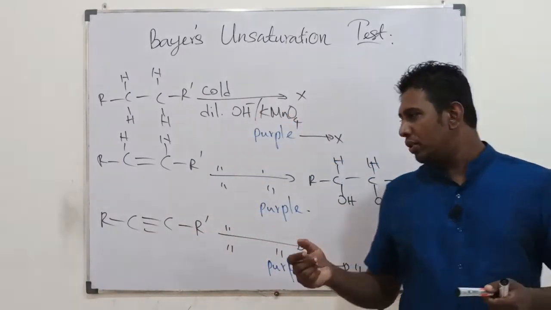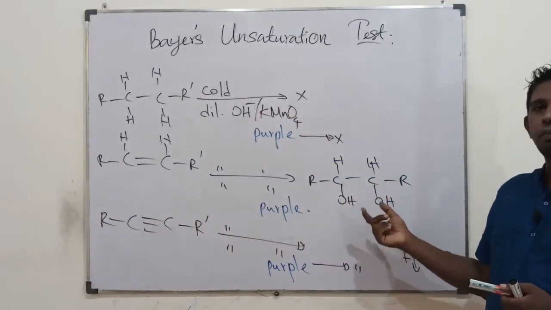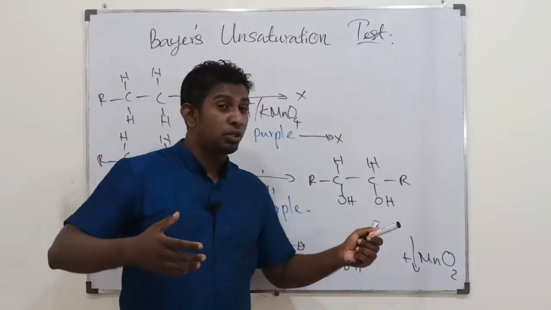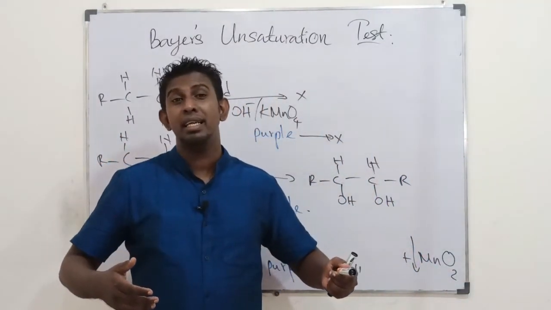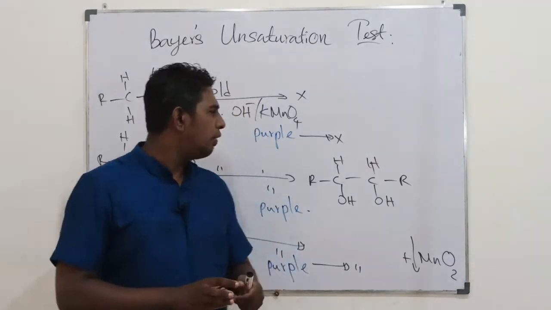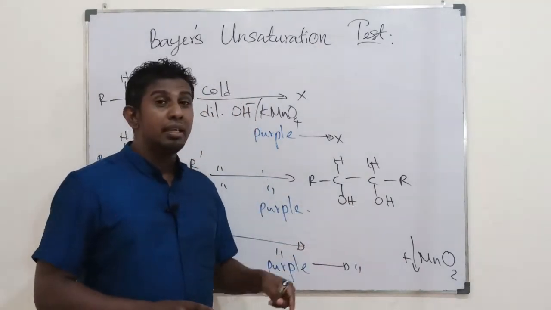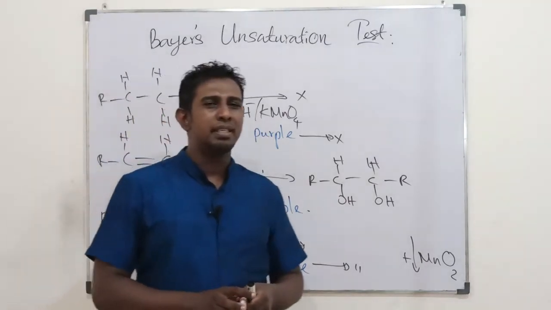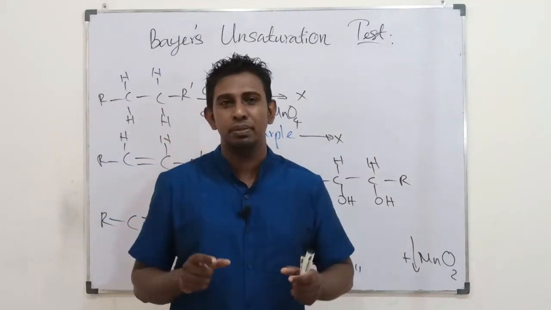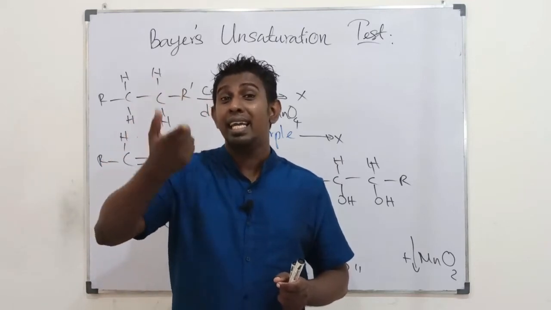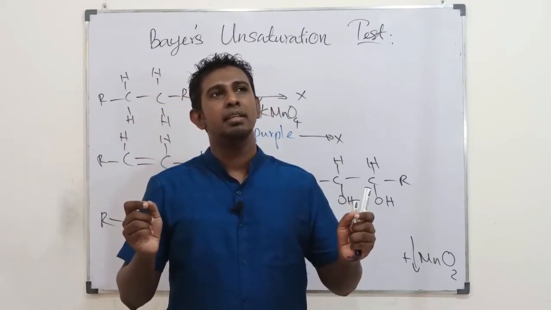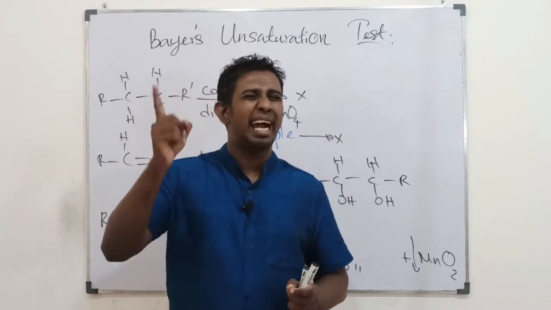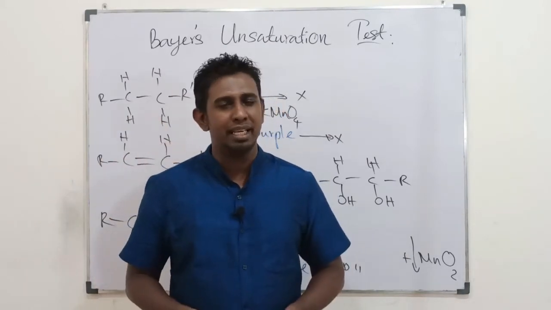So there will be two OH groups at the positions where you earlier had the pi bond. We call it a dihydric alcohol. This substance has two OH groups, alcohol groups. It is a dihydric alcohol you get when you treat an alkene with cold dilute alkaline potassium permanganate.